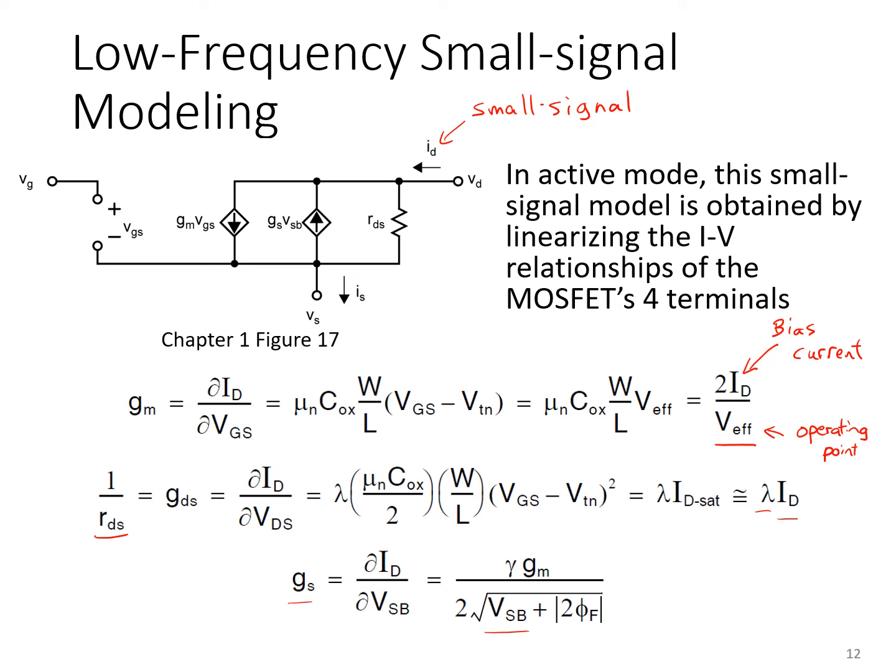You'll see here again that gamma shows up, and it's relating the relative strength of GS and GM. But of course GS also depends on the operating point applied.